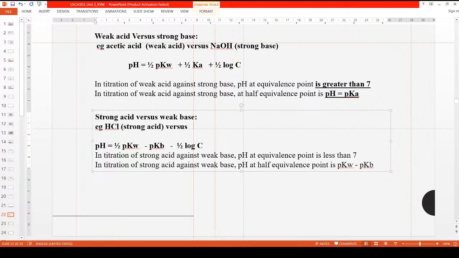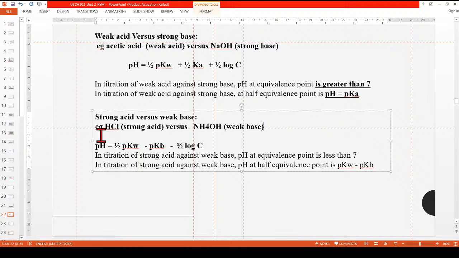An example of a weak base is ammonium hydroxide, NH4OH, your weak base. So if you are titrating HCl against ammonia or ammonium hydroxide, which is most preferably taken, this titration is strong acid versus weak base.